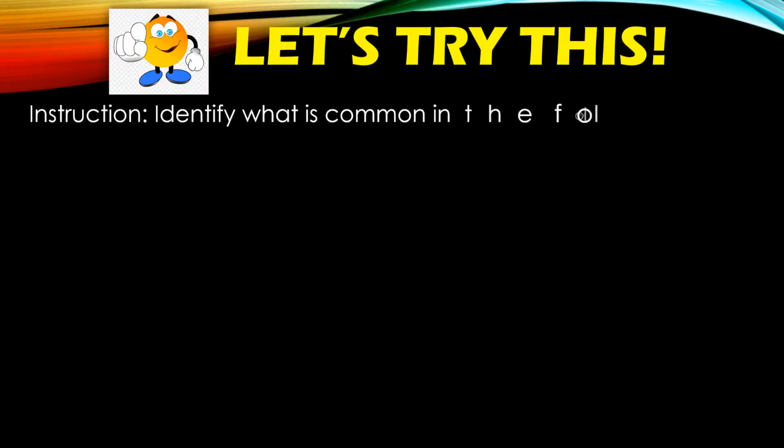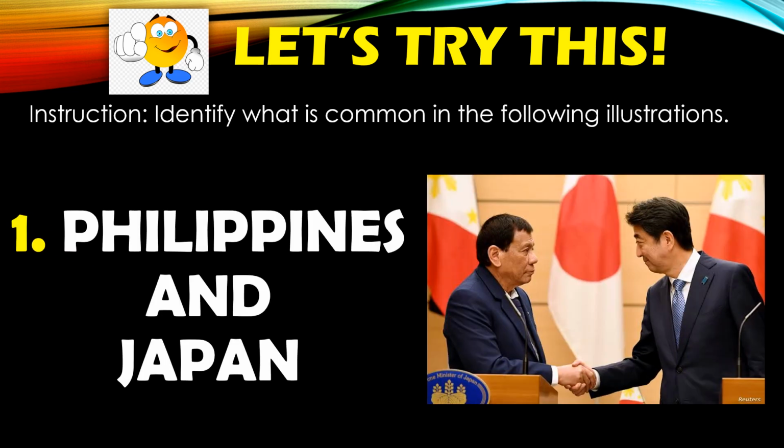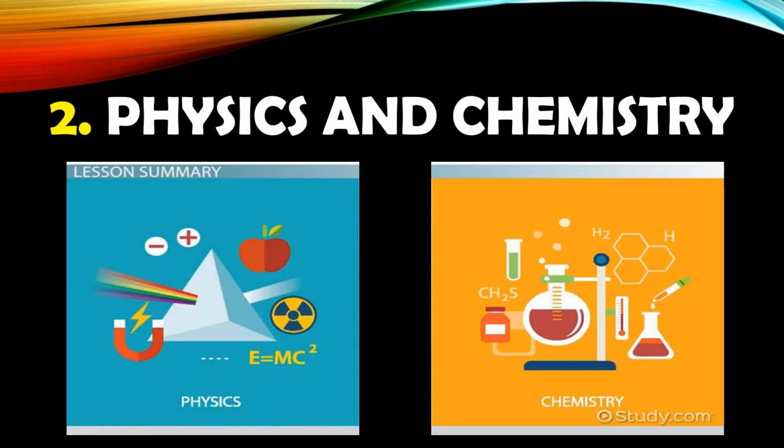Let's try this. Identify what is common in the following illustrations. Number one, what do you think is the common thing about Philippines and Japan? That's right. They are both Asian countries. Number two, how about physics and chemistry?